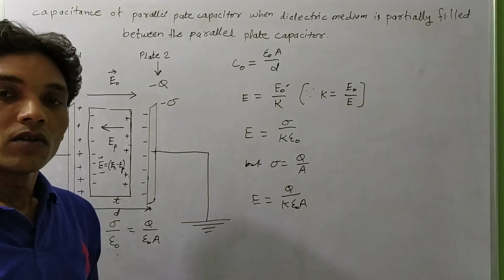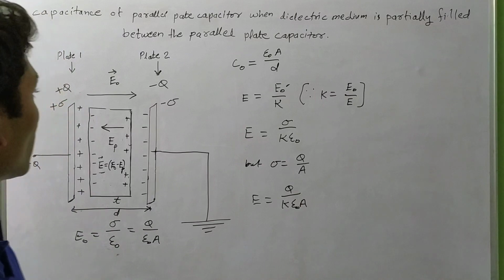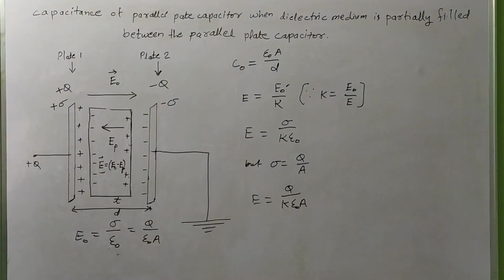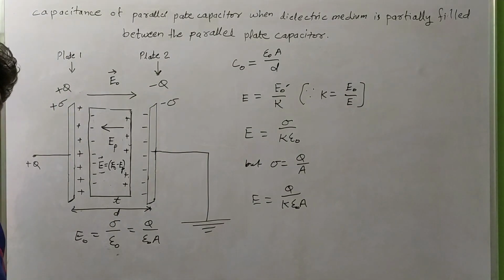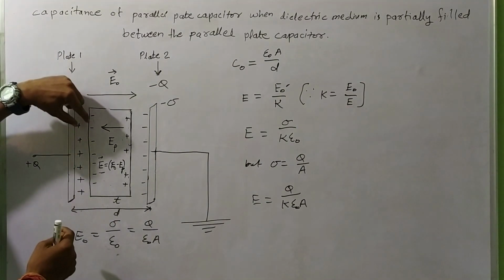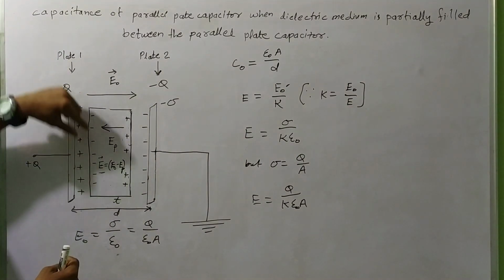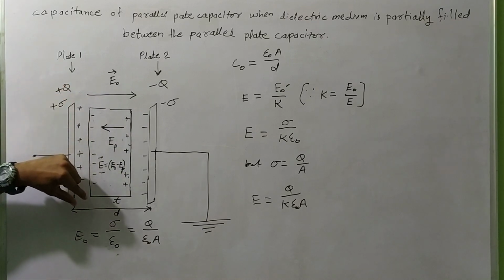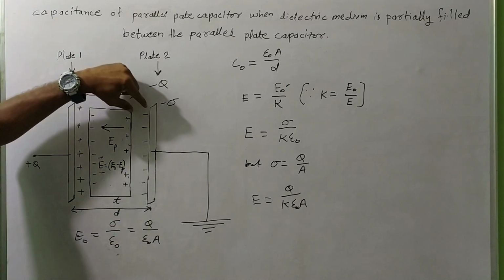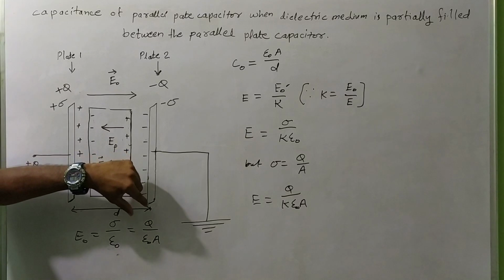Now we have to find the potential difference between the two plates. So what will be the potential difference? This area is blank, so in this area air is there, and also in this area air is there.